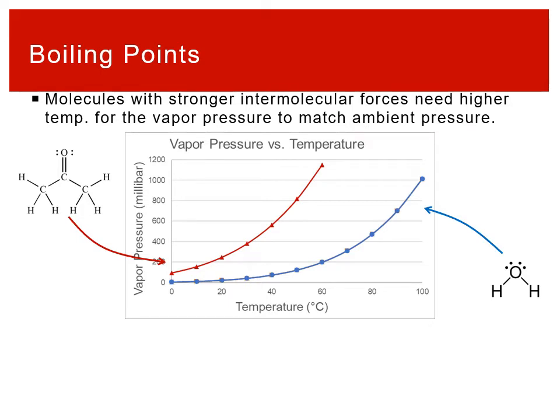And so as a result, at every single temperature, acetone has a higher vapor pressure than water. Its boiling point is still determined by when the vapor pressure equals ambient pressure. And so that's why it boils at a lower temperature. So we learned about this trend, and we can understand a little bit more. It's all about vapor pressure determining when boiling happens.